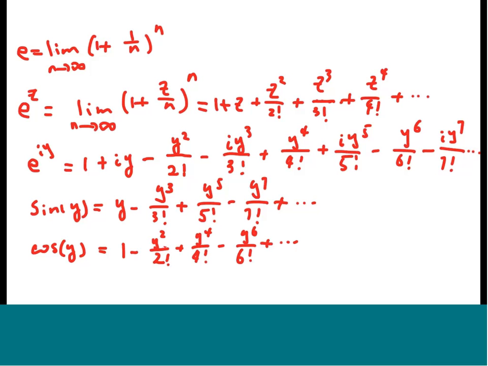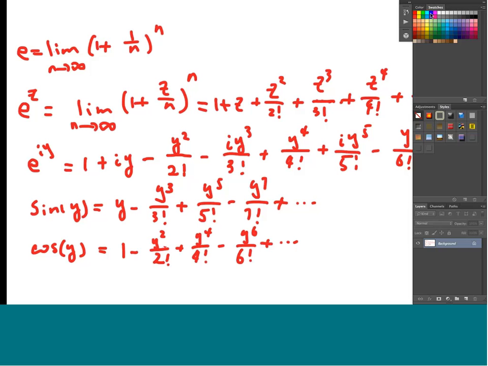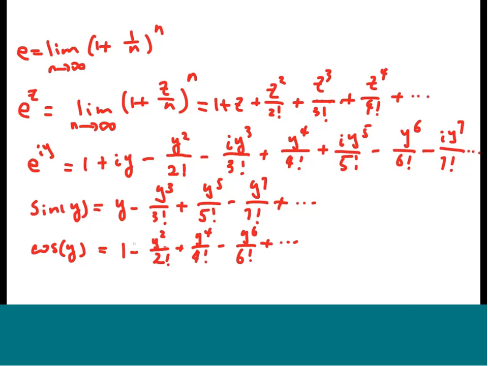So pretty much you see that this equals cosine y. Then you have y here and 3 factorial here, so basically plus i sine y.